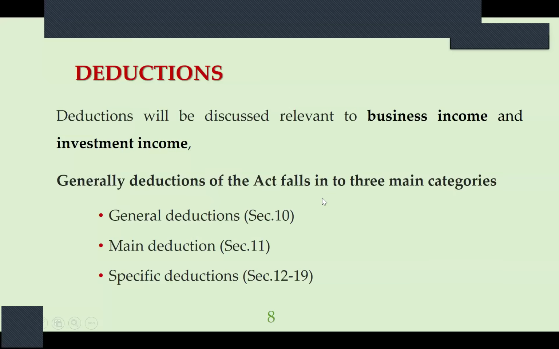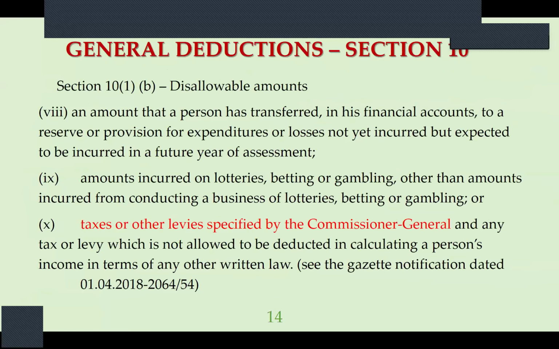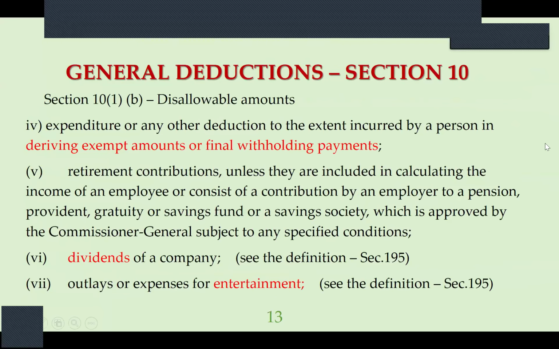So that is why we are removing expenditure or any deductions to the extent incurred by a person in deriving exempt amounts of final withholding payment. Now I think you can understand why we are removing expenses incurred for deriving exempt amounts. It is not an eligible expenditure for the deduction.